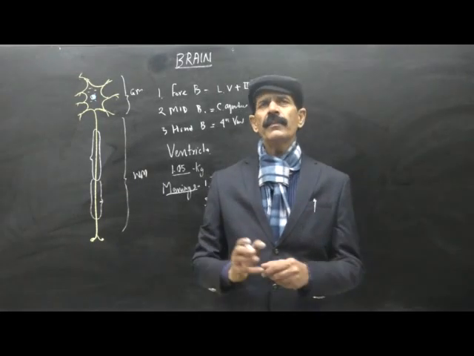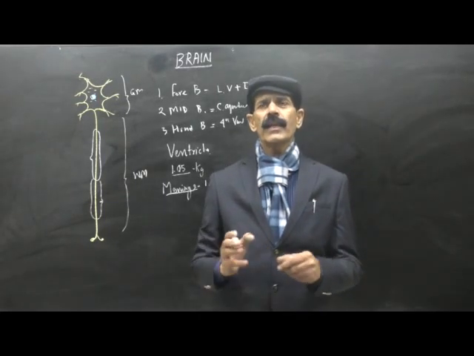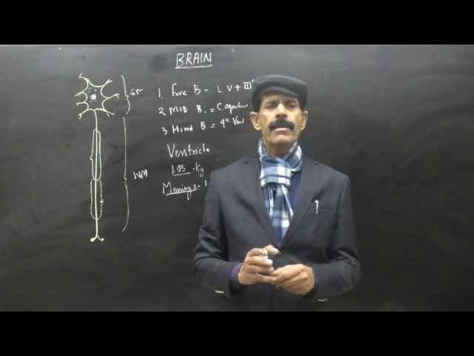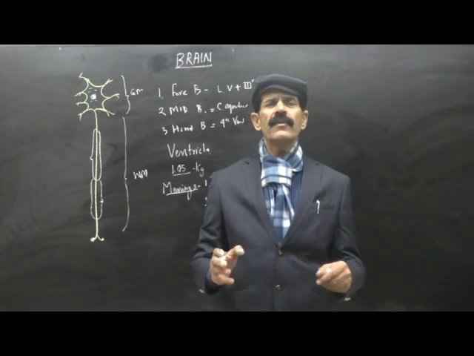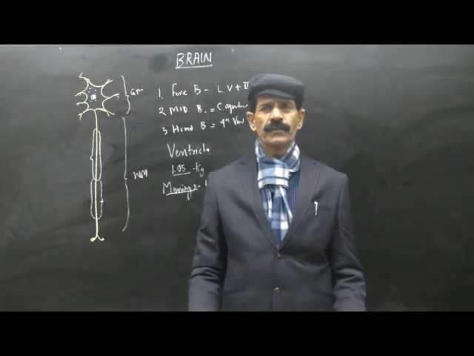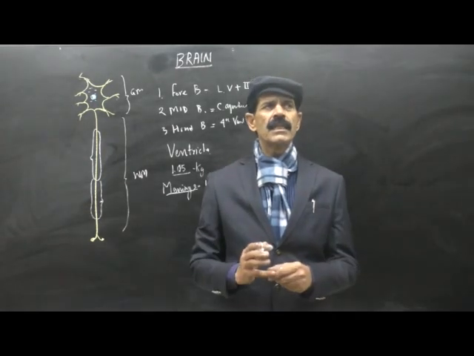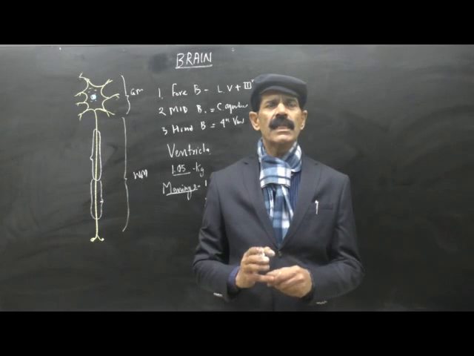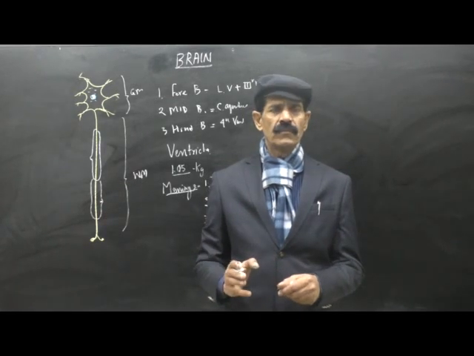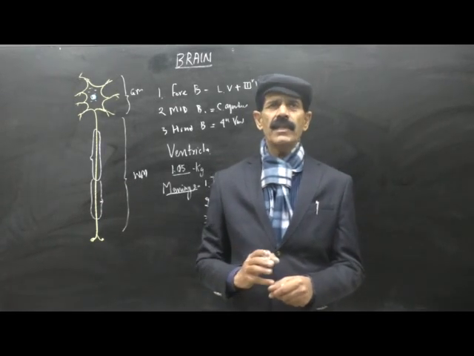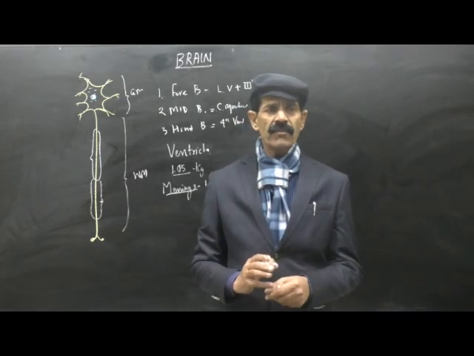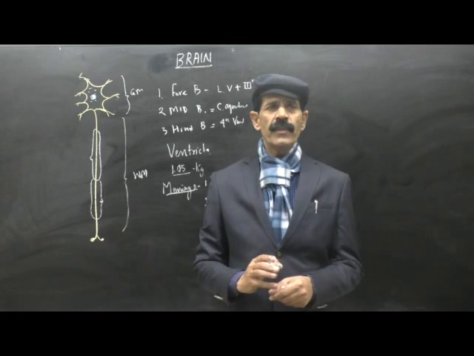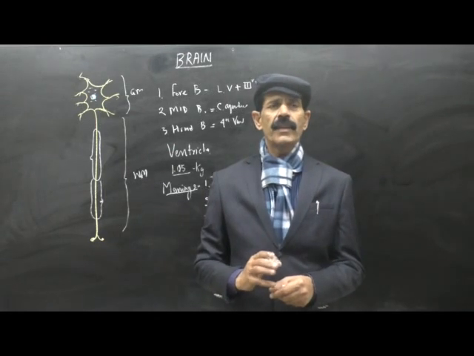So every measure has been taken to protect the brain inside the human body, because the brain controls each and every part of our body. And if the brain is damaged, a person or patient is declared dead. We can revive the heart by injections, we can revive the lungs by ventilator or artificial respiration, but we cannot revive the brain.